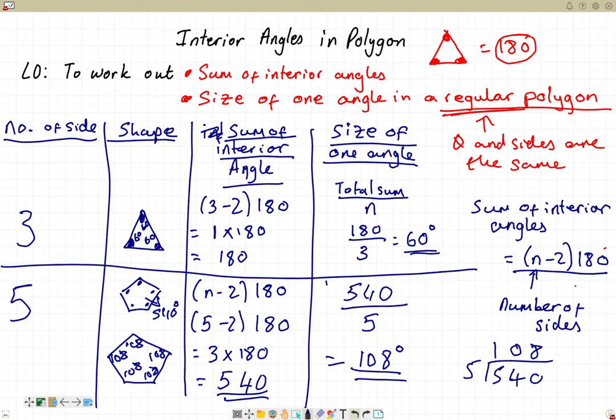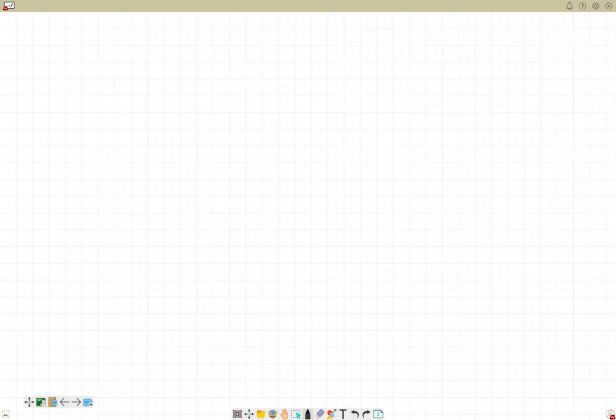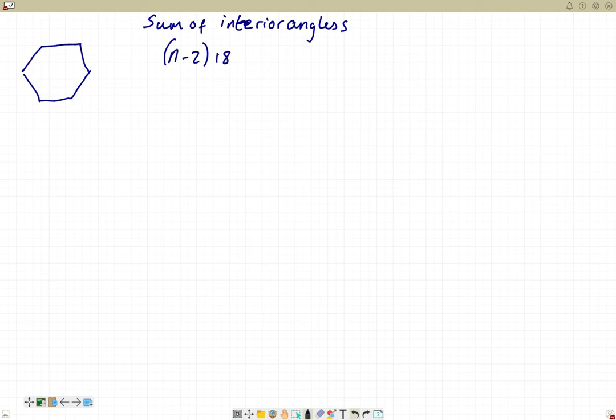Okay, let's move on to a six-sided polygon, which is called a hexagon. So, sum of interior angles. So use my formula n minus 2 times 180.